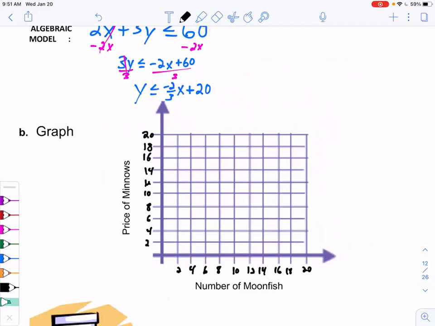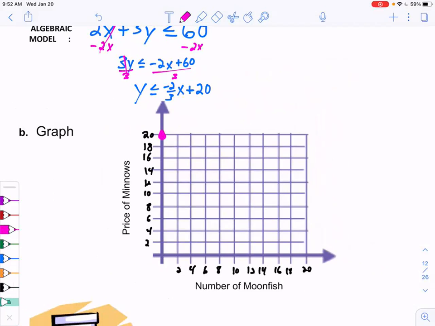Alrighty, we put a dot on the y-axis at 20. From here, we're going to go down 2 and over 3. Since, as Ms. Kane said, we have them labeled the same, we're going by 2s, we can just go by 2 lines.